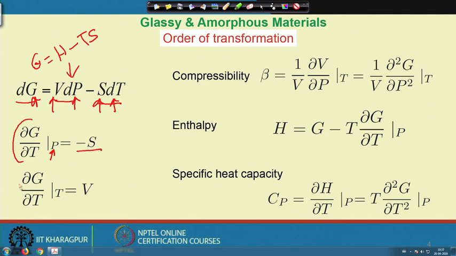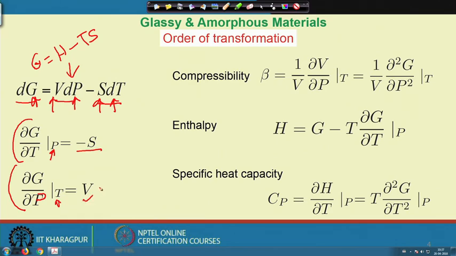Now, if we take the same equation and make the partial derivative dG by dP at constant temperature, it is basically V, the volume.